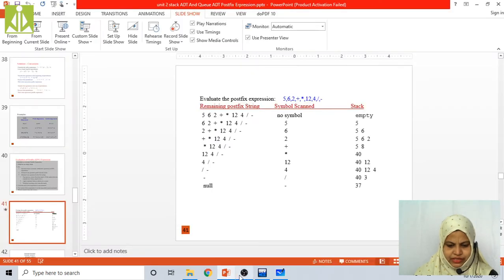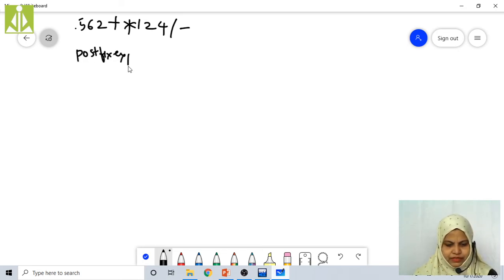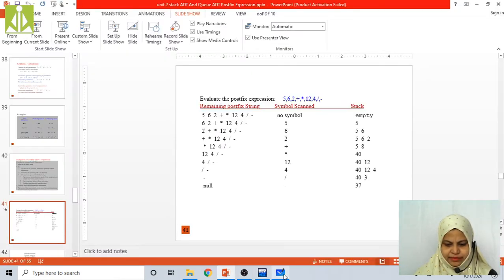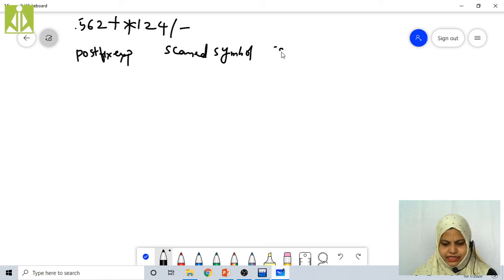Here, I'll write postfix expression. Next is scan symbol, then stack content.